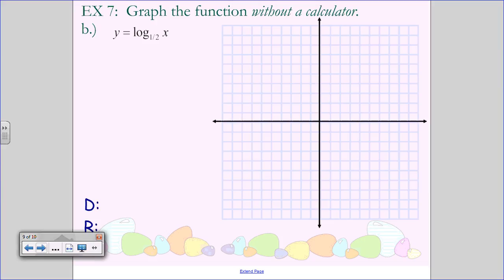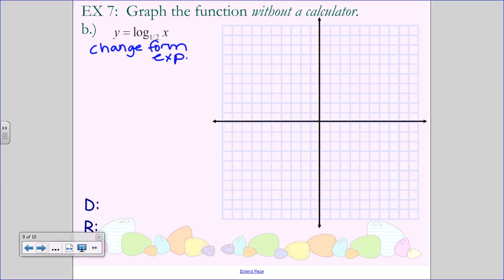Because if you switch x and y, then it's finding the inverse function, and you are now finding the exponential. So it will look like an exponential graph. So when we graph a log, what you're going to do is change the form, but don't switch x and y. So I'm changing the form to an exponential.